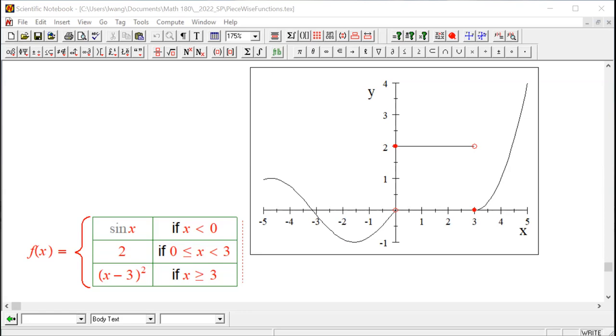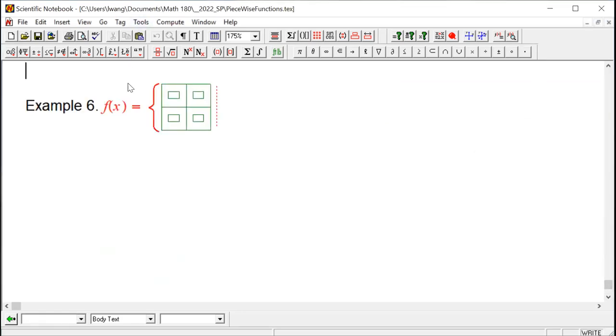Even though these may not be terribly important, in your calculus class you'll be discussing what's happening at those dots and circles.